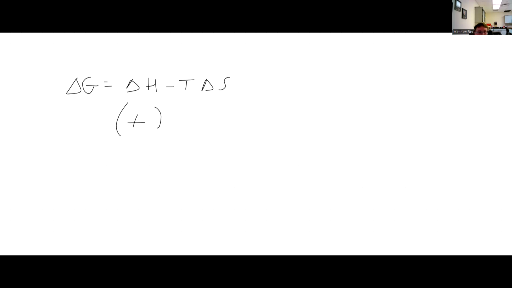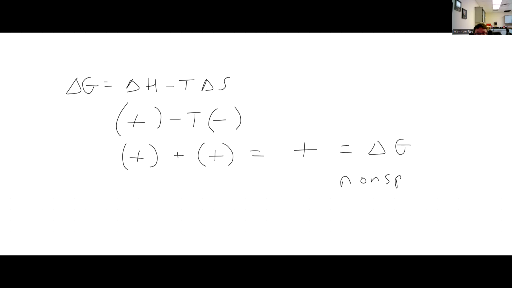And if we have a decrease in entropy, then our delta S is negative. So negative times a negative is going to give us a positive. So what I'm going to have is a positive plus a positive, which is always going to be positive. And if I want delta G to be negative for this to be spontaneous, then that means it's always going to be non-spontaneous. So non-spontaneous at all temperatures.